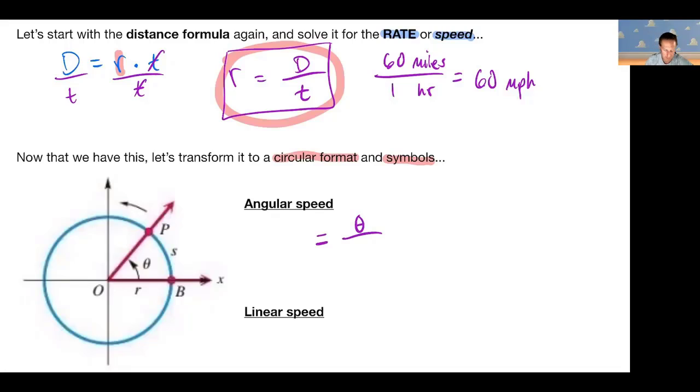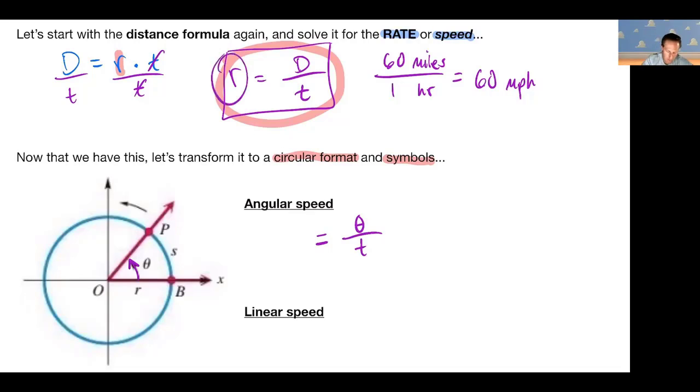That will be the distance that we go in this circle, and that's over time. Time is timeless, right? It doesn't matter what you're talking about. It can be hours, seconds, minutes, months, years, decades. That transcends all of the sciences in real life. So time will always be the same.